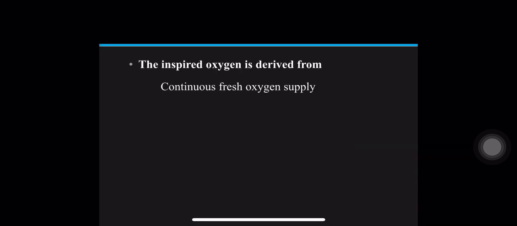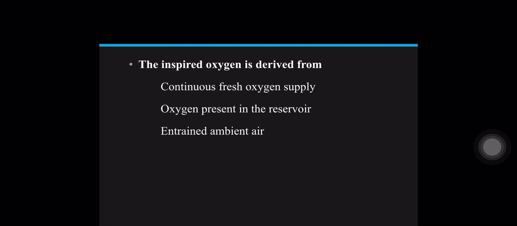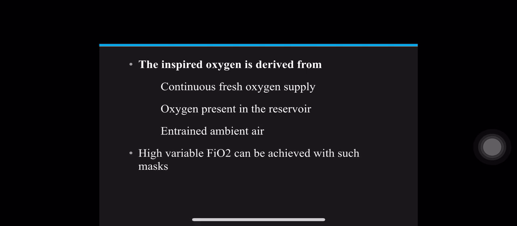So the inspired oxygen is derived from continuous fresh oxygen supply, oxygen present in the reservoir, and the entering ambient air. So high FiO2 can be obtained by using the reservoir bag. In normal face masks, the inspired oxygen is derived from continuous fresh oxygen supply and entering ambient air.